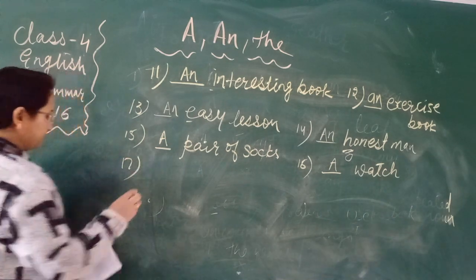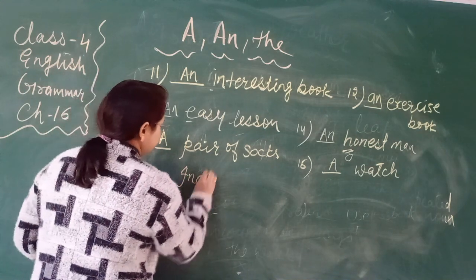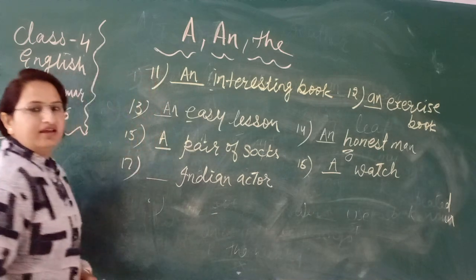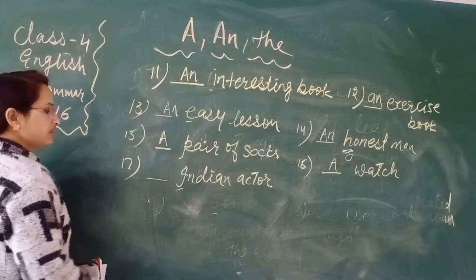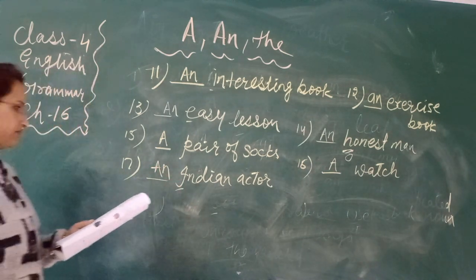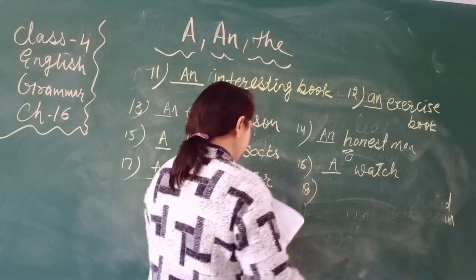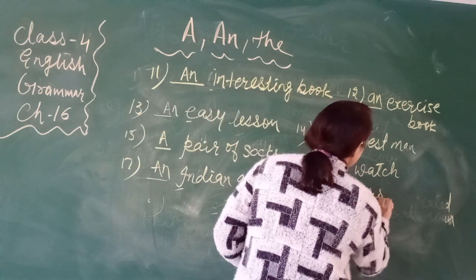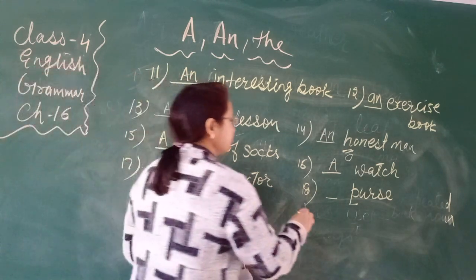Okay, 17. Here, this Indian actor. Indian, I is what? I is a vowel, that's why we are using article an here. And the sound is coming of E. Next 18. Blank purse. Again P is a consonant, the sound is coming of a consonant, that's why we are using article a.